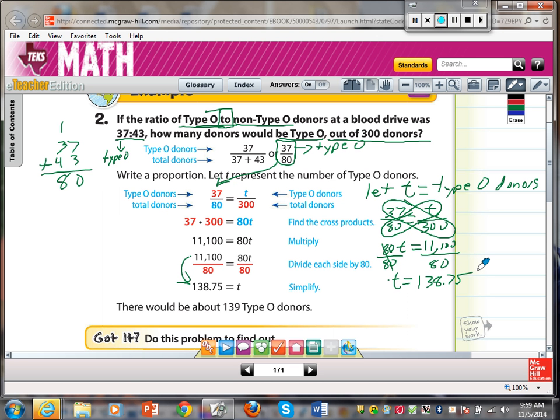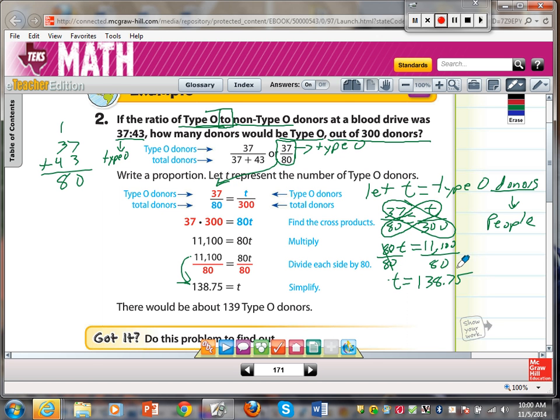Okay? Now, what does that mean? What was T representing? Well, T was representing the type O donors. So that means that there's 138.75 type O donors. Now, you have to think very carefully about this. Donors, you're talking about people. And people cannot be cut into decimals. So since you have 138.75, this is also part of a person.